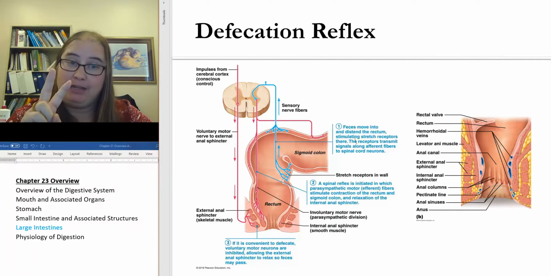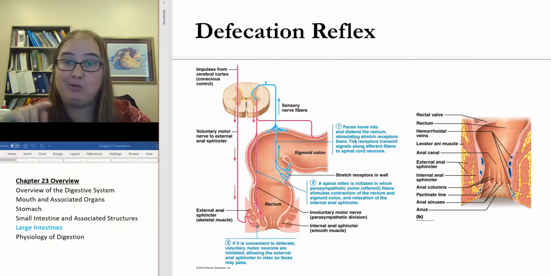It causes the sigmoid colon to contract, and it causes the internal anal sphincter to relax.